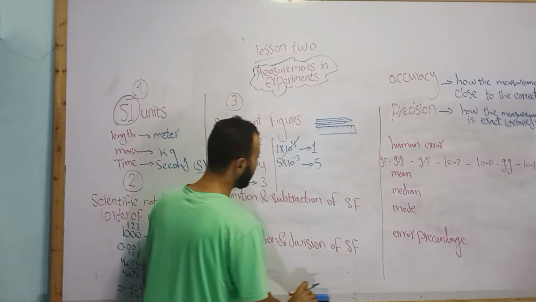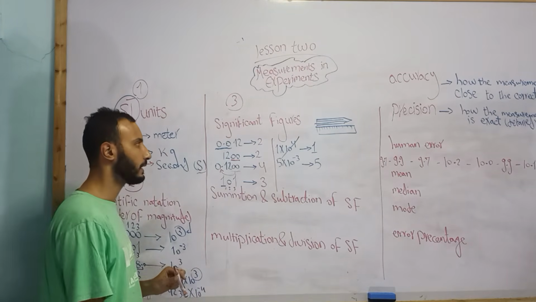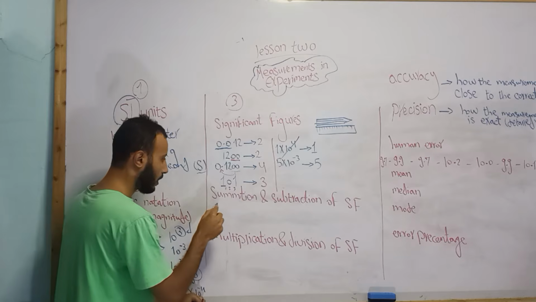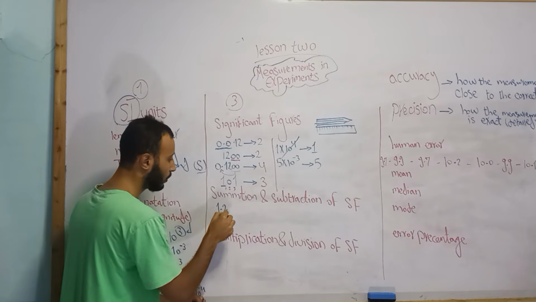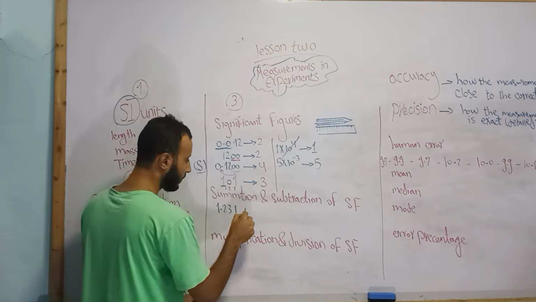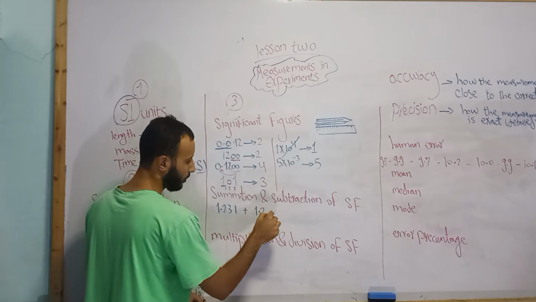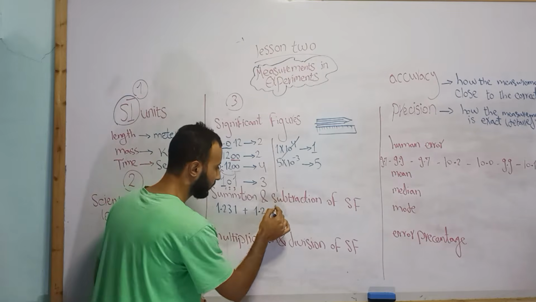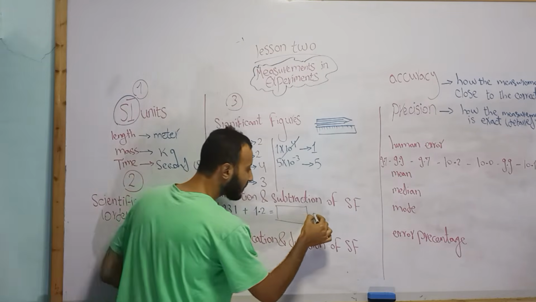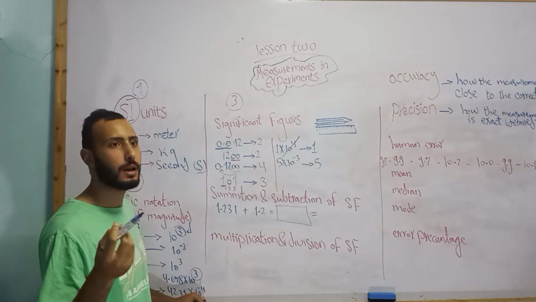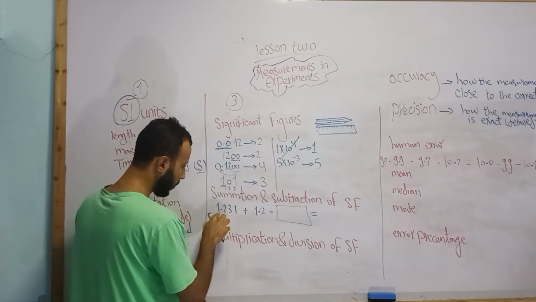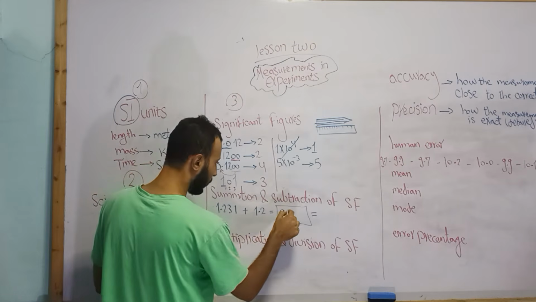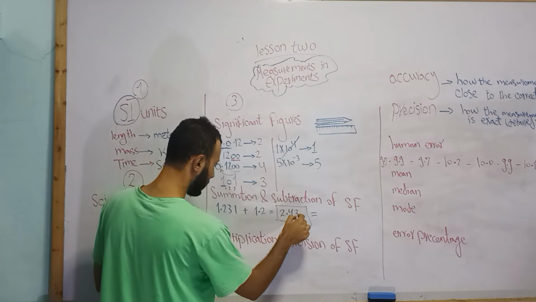Okay. Let's get to the summation and subtraction of significant figures. For example, if you have a number like 1.231 plus 1.2. In summation and subtraction, we calculate the result, and then we cut the result to the lowest number of decimals. What I mean is, the result here: 1 plus 1 is 2, 2 plus 2 is 4, then 3, 1.